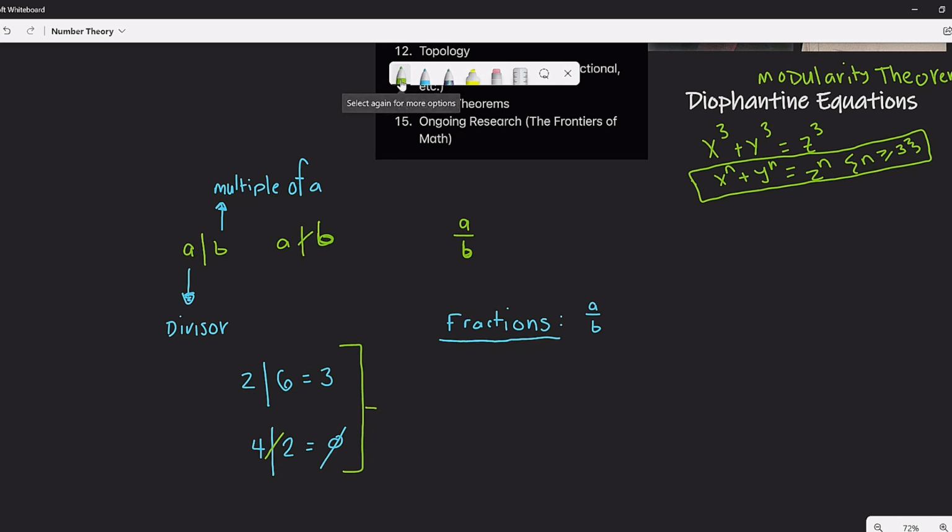The next class of numbers that we will concern ourselves with are prime numbers, or primes.